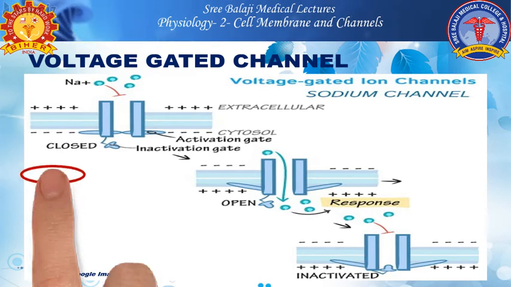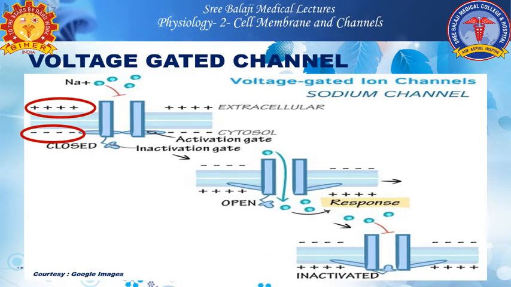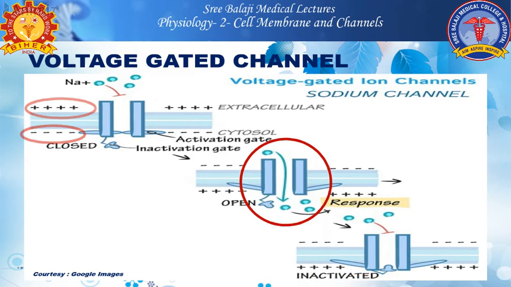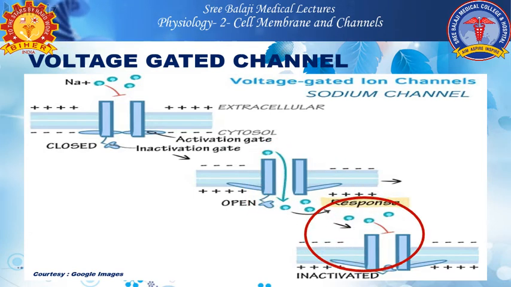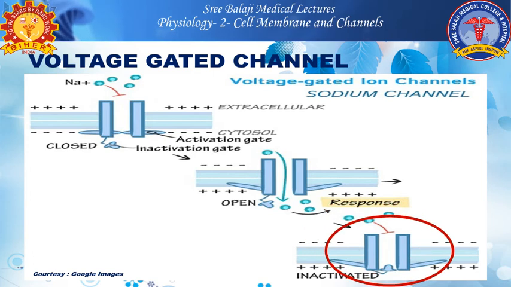The potential present inside and outside of the cell gets changed, and only in response to the transmembrane potential change, this gate will open. The gate is given in blue color. So when this gate opens, what will happen? The ions can easily get into the cell. When the transmembrane potential changes again, this gate will close. Examples for voltage gated channels are sodium channel, potassium channel and calcium channels.